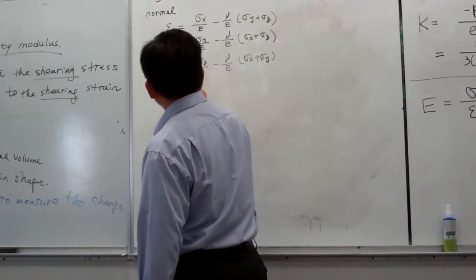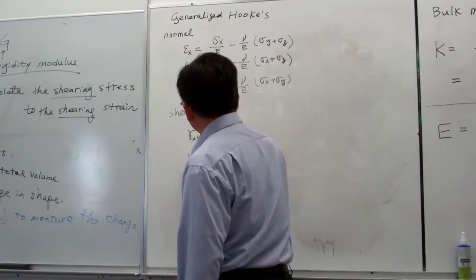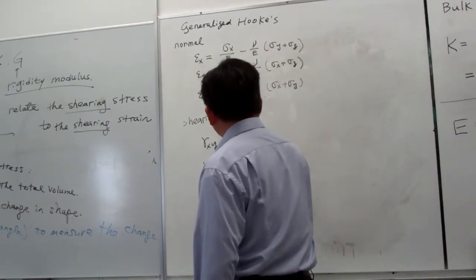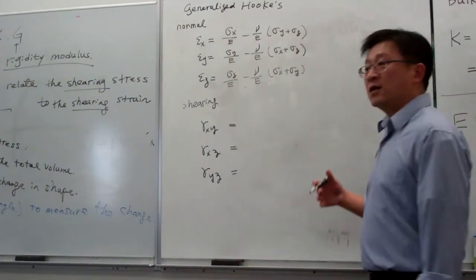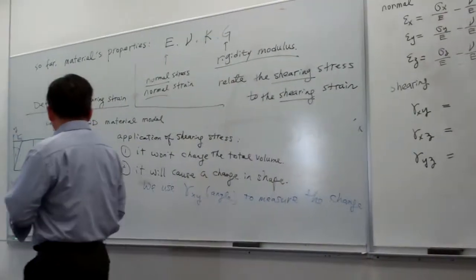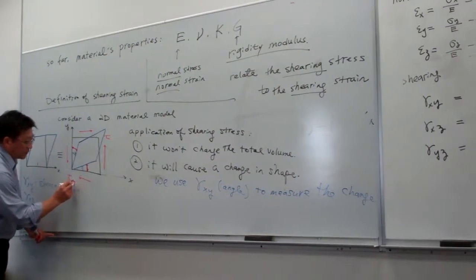So for the shearing part, we have at least gamma xy, gamma xz, and gamma yz. And that will correspond to the shear stress induced. So if you like, maybe I can specify this. It should be gamma xy, for example.